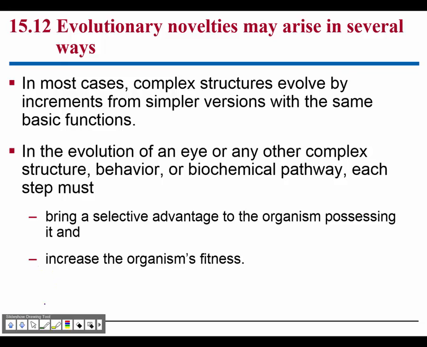So when we talk about the evolution of the eye, we see a lot of various, very simple steps, where we just see a pigmentation, and then it starts to get recessed, and so we see the eye evolve in complexity in lots of different ways. We see that transition where each step brought a selective advantage to the organism that had it.